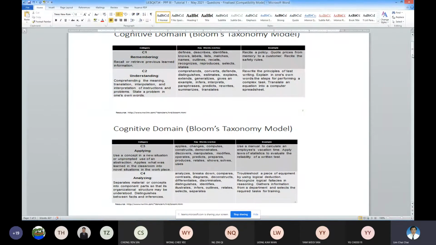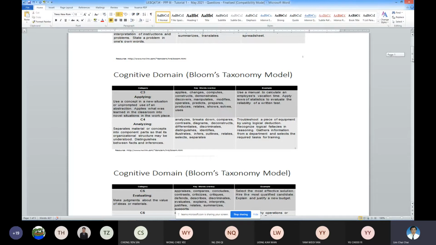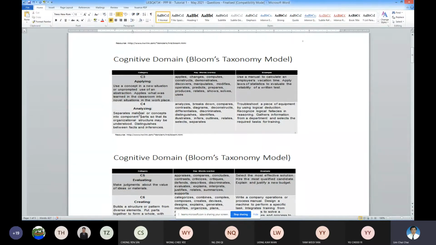Then C3, we don't have example here. C4, we don't have example. Then look at C5. Any example? Interpret. I have C2 already, so you don't have it here. C5 doesn't have. Now about C6, any example?